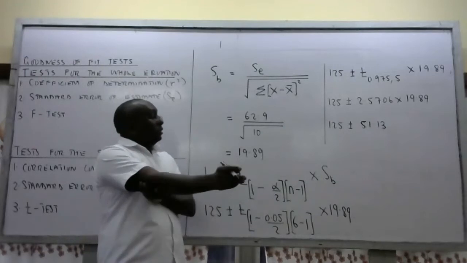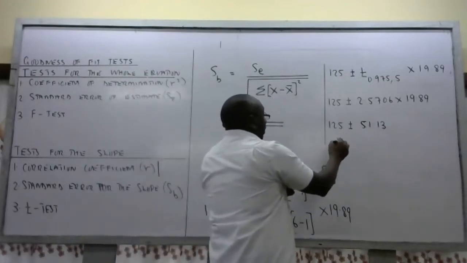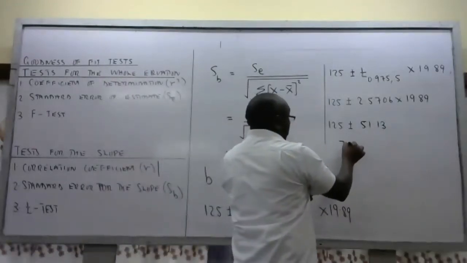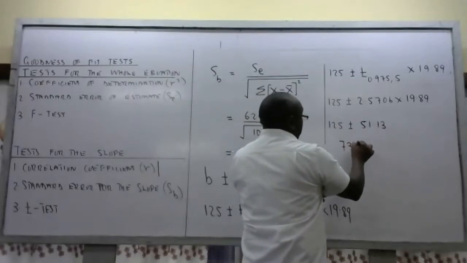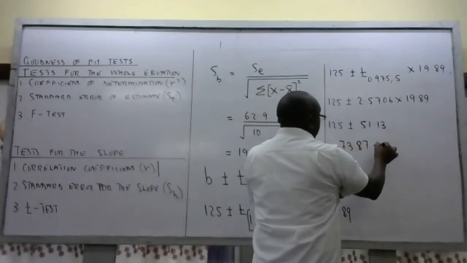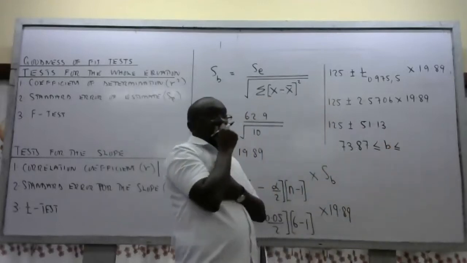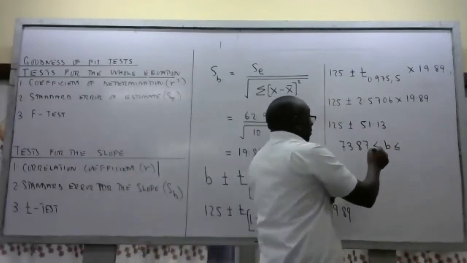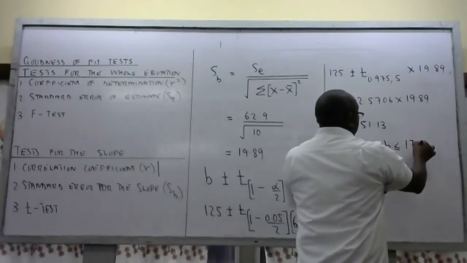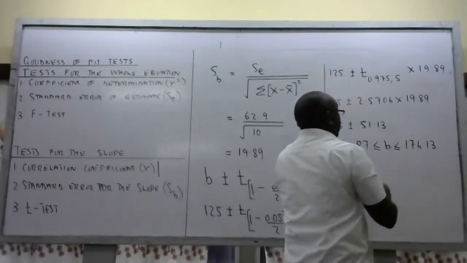So when you subtract, you get 73.87. And the upper one is 176.13.